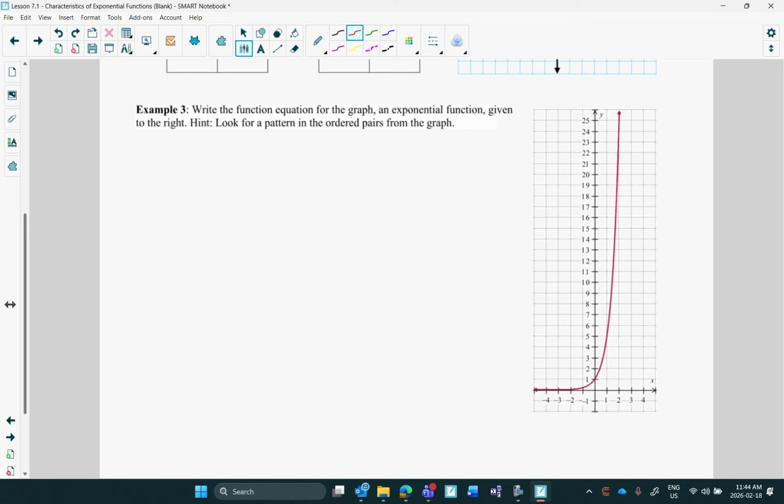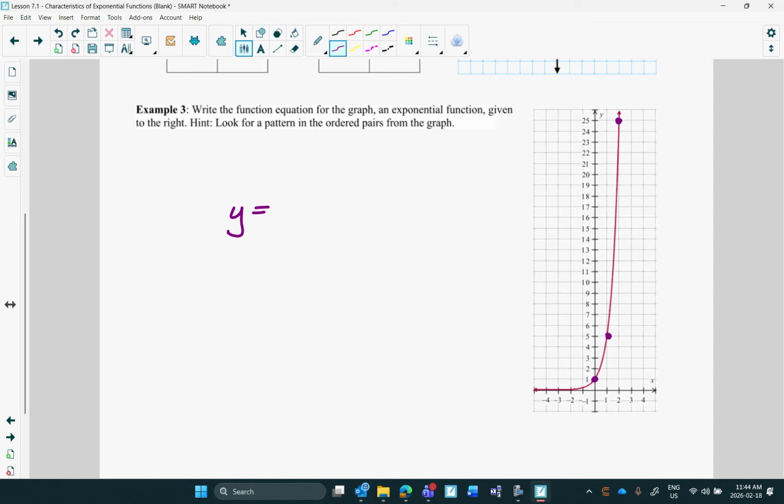What do you think this one would be? Well, first of all, it's increasing to the right, so it's going to be bigger than 1. Right. Yeah, it's a little hard to see, but you've got 0, 1, you've got 1, 5, and then if you went 2, you'd get up to 25.